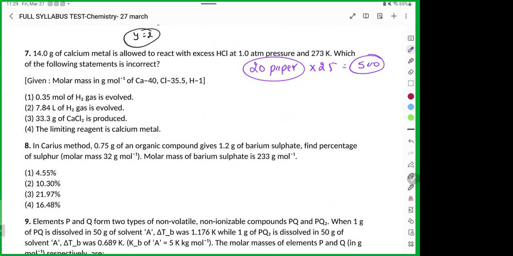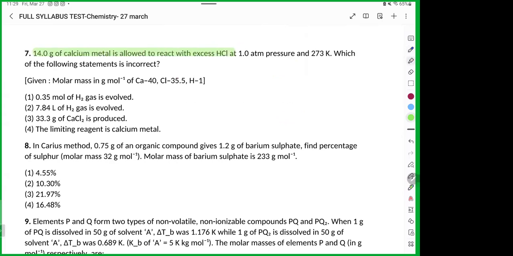Next, 14 gram of calcium metal is allowed to react with excess HCl at 1 atmospheric pressure and this temperature. Which is incorrect?